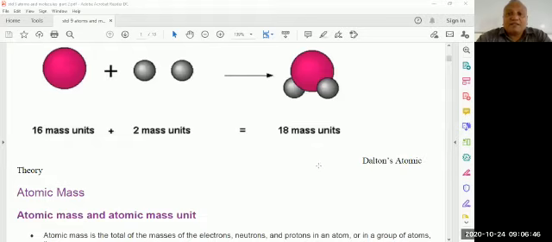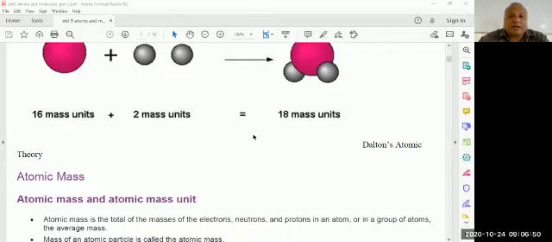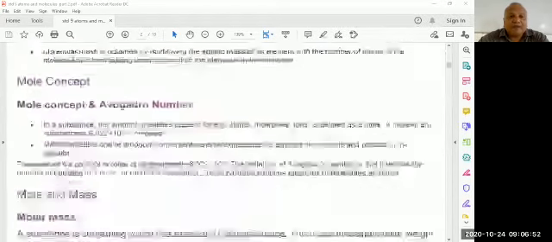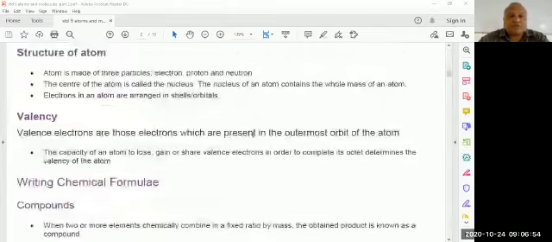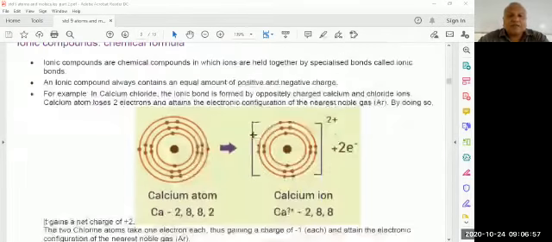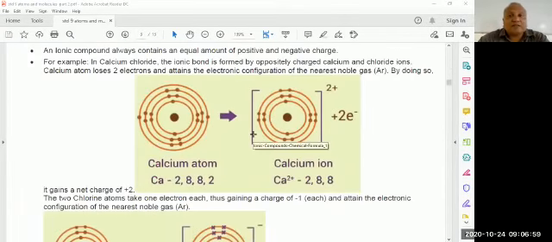Ions means, see, we have already learned in class 8 about the structure of the atom. In that class, we learned about Niels Bohr, and Bohr informed us that every element tries to complete its outermost orbit or shell.